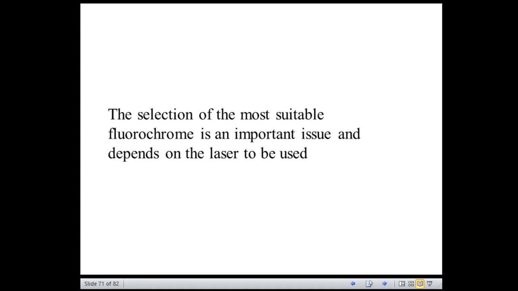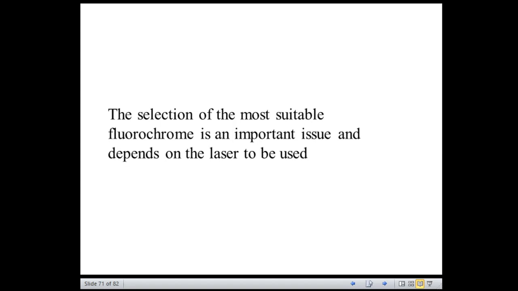So that is the limitation of FITC. No doubt, even if FITC is the first choice, it does have these limitations: emission at longer wavelength, high pH sensitivity, and a high rate of photo bleaching.